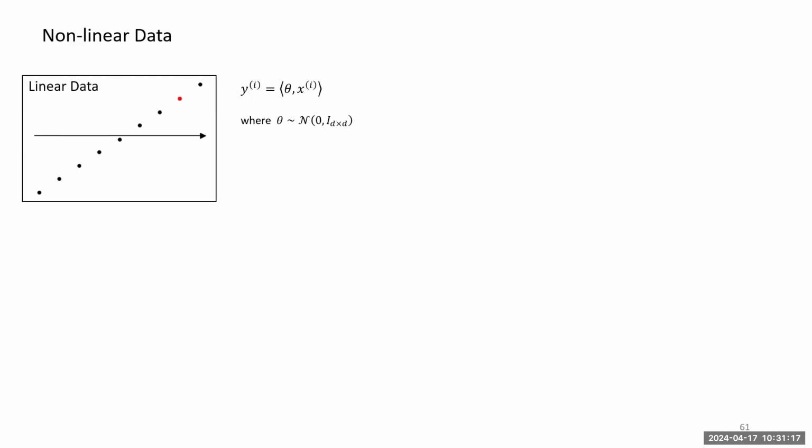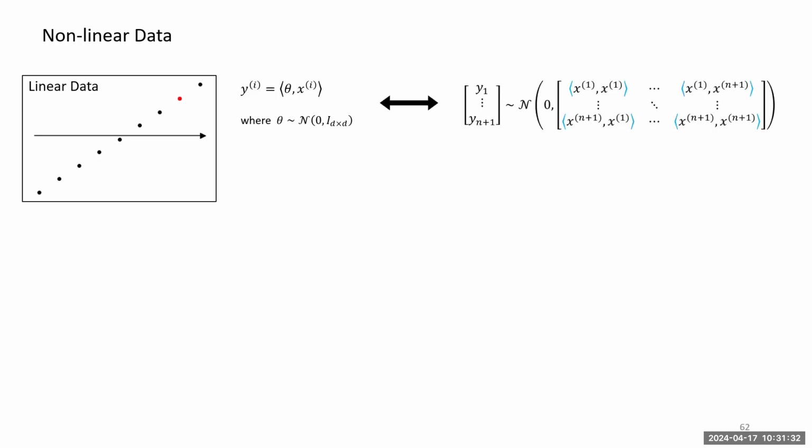And so finally, before stating our results, let me also define a class of nonlinear data that we'll consider. On the top left, I show the linear data setting, where y is a linear function of x. This is equivalent to saying that the labels y are jointly distributed according to a Gaussian process generated by the Euclidean inner product.